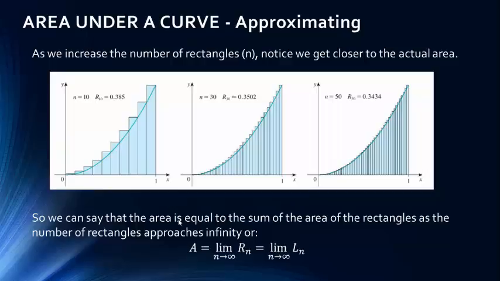So here we can say the area is equal to the limit as n goes to infinity, n being the number of rectangles, of the sum of all the right edge rectangles, the R stands for right edge, not rectangle, or the limit as n goes to infinity of the sum of all the left edge rectangles. So we can do either one, and these should be equal.